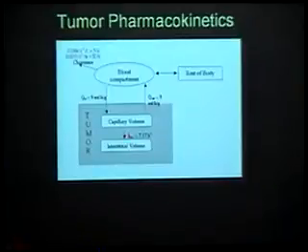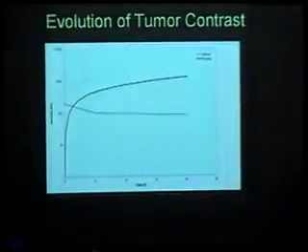And you can clearly see that because this is one directional, you're going to get a continuous accumulation of liposomes into the interstitial volume of the tumor. And therefore, one would expect that the tumors would light up very nicely over the blood pool. And that's exactly what we get when we simulate this model.